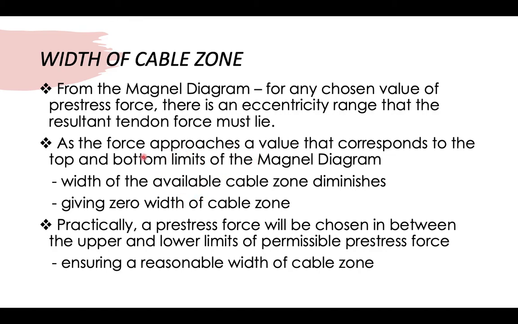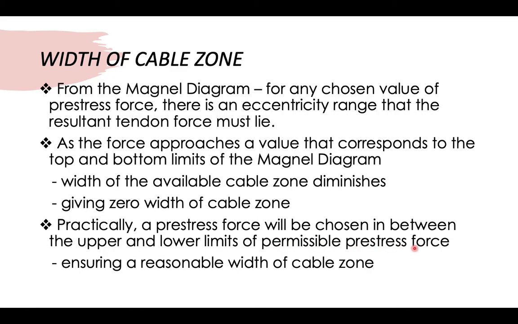So if it is going for the top and bottom limits of the Magnell diagram, the width of the cable zone will be much narrower, and sometimes the value will be equal to 0. So practically, a pre-stress force will be chosen in between the upper and lower limits of permissible pre-stress force.